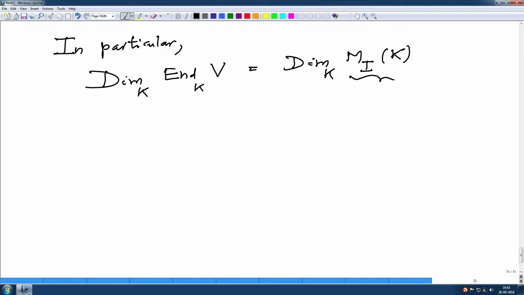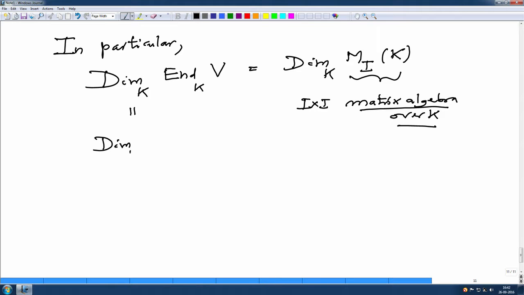That is the reason this is called a matrix algebra over K, the I cross I matrix algebra if you want. And this dimension we know is the same as dimension V times dimension V.